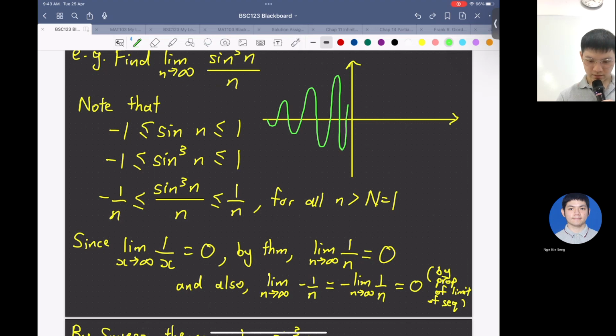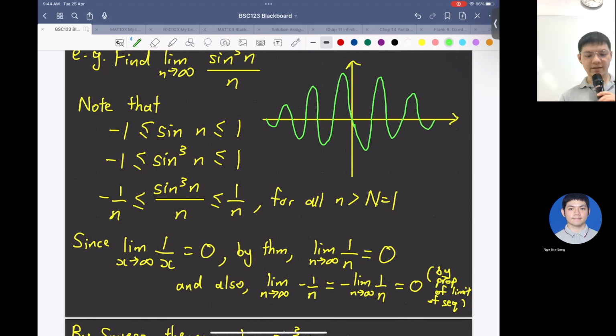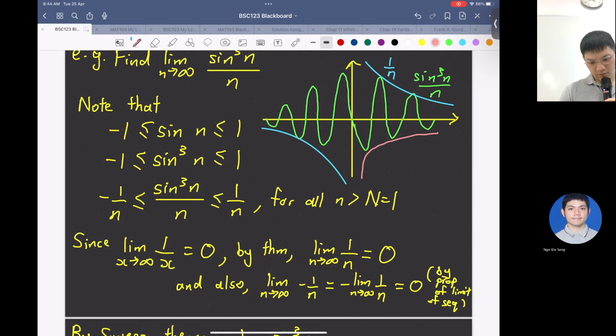So this is the sine cube n over n. Where is 1 over n and minus 1 over n? 1 over n should be somewhere here and here, and minus 1 over n is somewhere here and here.